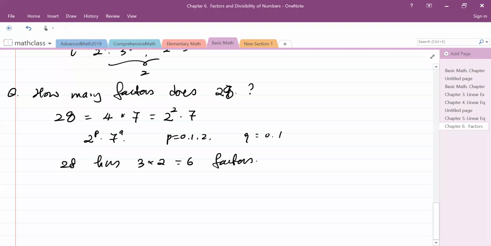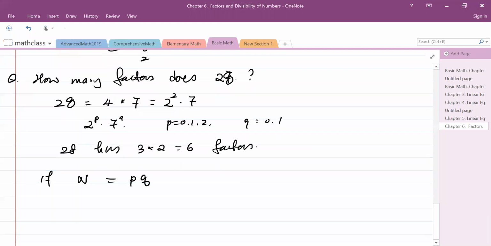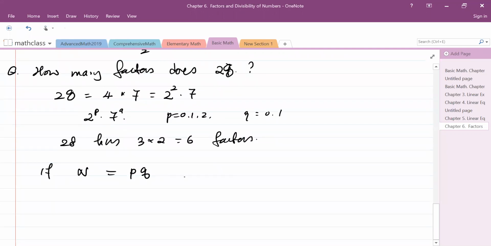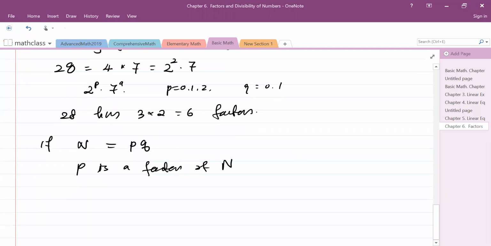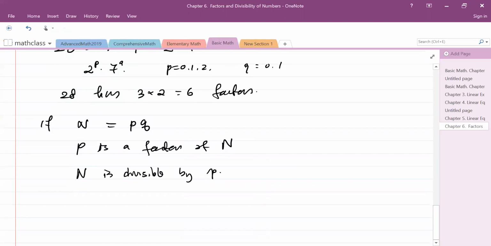Another question. If a number has a factor of P, then we say the number is divisible by P, okay? If a number can be written in the form like that, then in this case P is a factor, Q is a factor. P is a factor of N, no question. We also say that N is divisible by P. That's the way to talk about it.